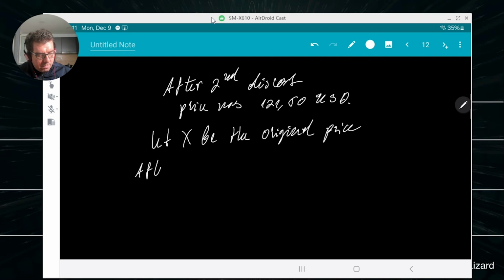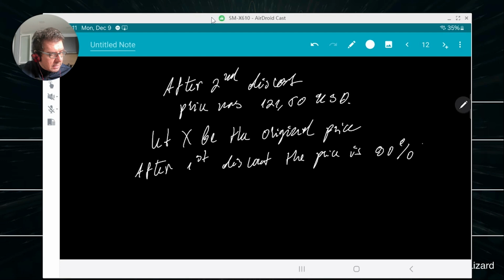After first discount, the price is 90% of X, 90% times X. And then again, I do a second discount, another 10%, but I discount the new price that was already discounted once.